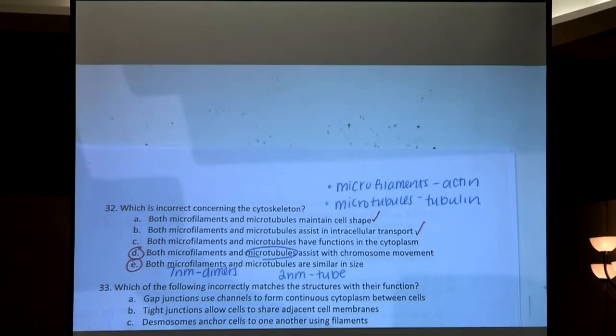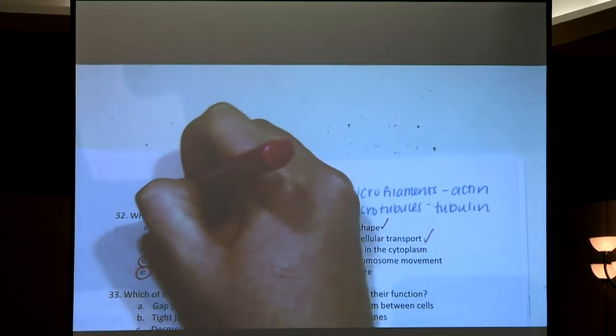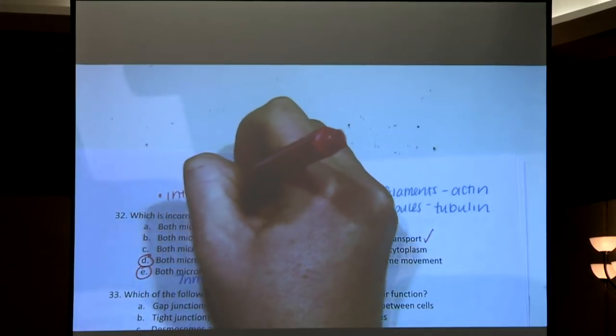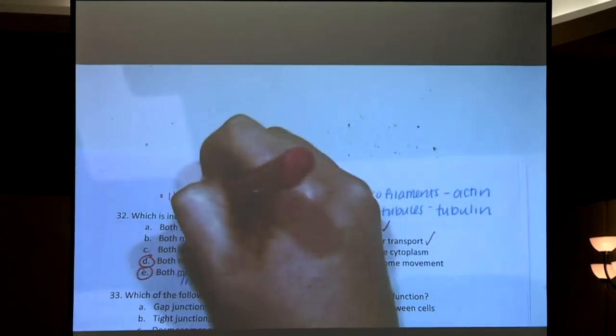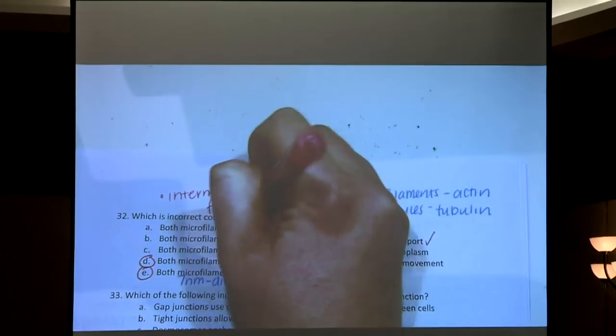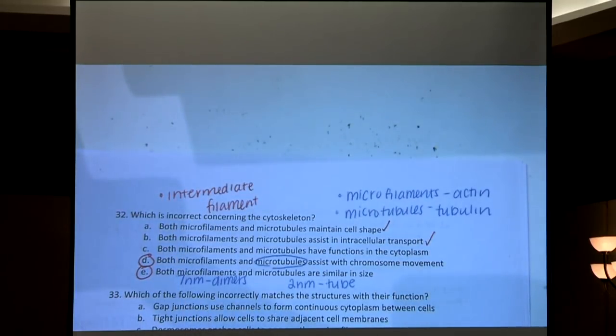Does anyone remember what it's called? Good. So we also have our intermediate filaments, all right, and this guy is intermediate in terms of pretty much everything. He's going to be intermediate in size, going to be in between both of those types of things on structure, all right. This guy will also be in things like what we consider like our hair and nails, okay?